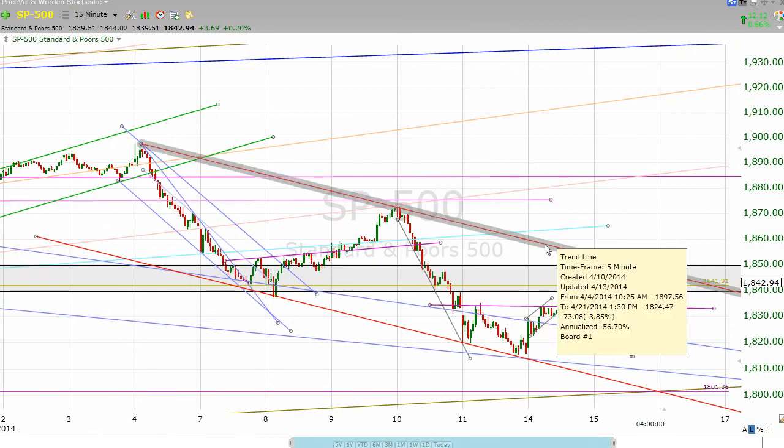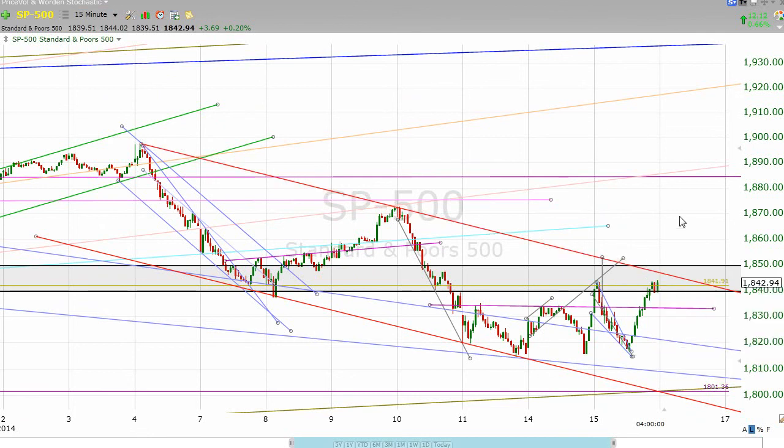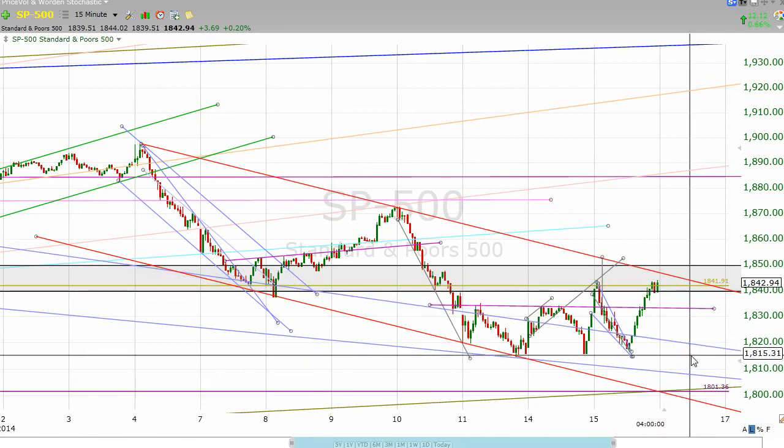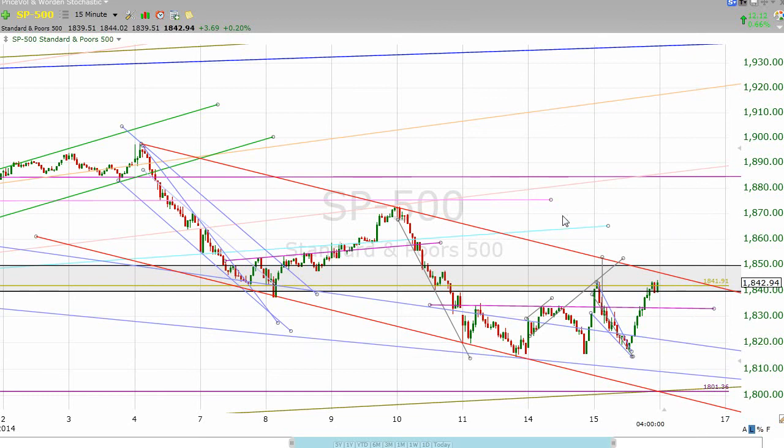And like I said, if we get over it, then I believe that would be setting in motion what we need to see in order to say, okay, we're not going to get down to 1800. Instead, 1815 may be all that we needed to do. But until we get over this, we're not. If we do, we make that call.